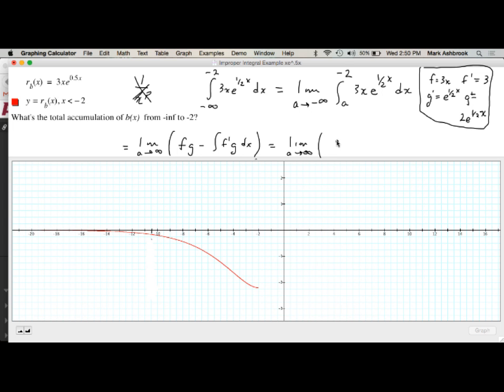But here's the step. f times g would be 3x times 2e to the 1/2 x minus the integral of 3 times 2e to the 1/2 x. Did I do it right? And now we've got to do that antiderivative, which is easy, and then we got to evaluate the limit, and I will post that as a video. Okay.